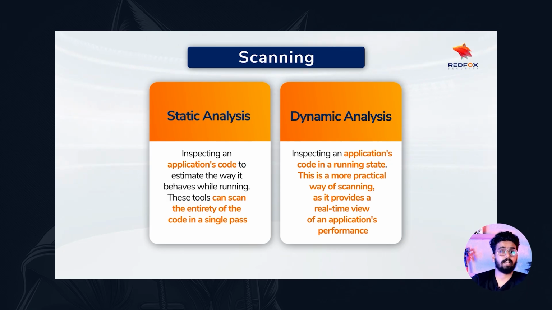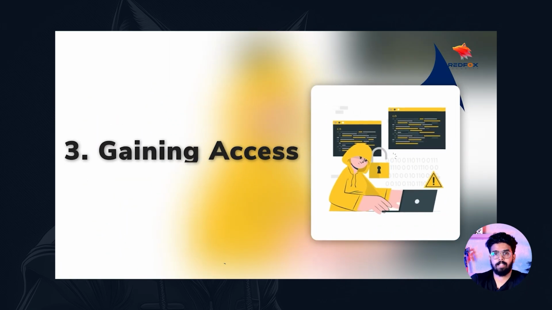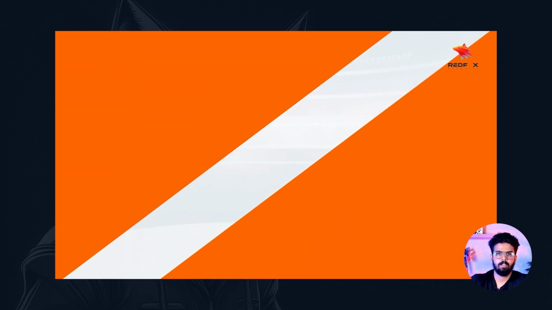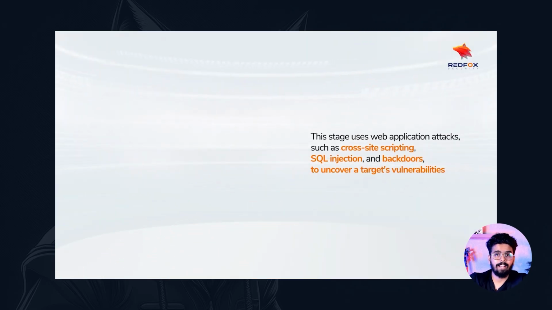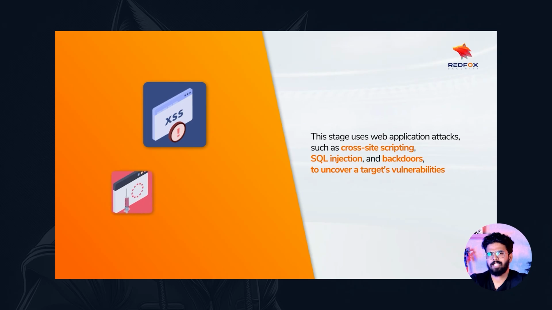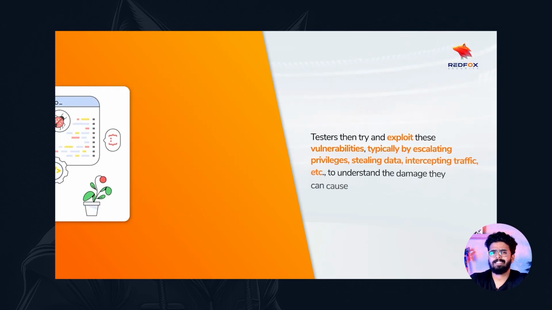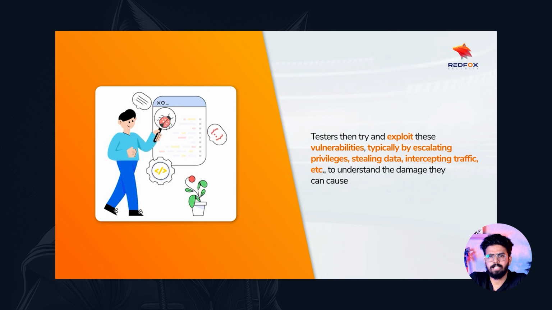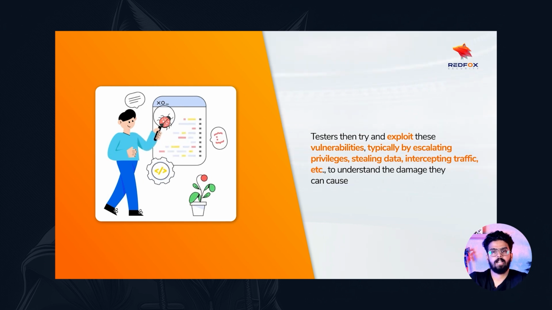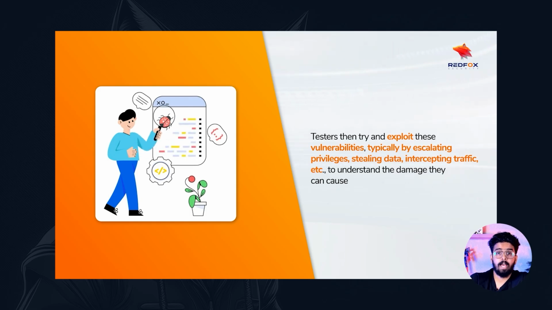Our third stage is gaining access. This stage uses web application attacks such as cross-site scripting, SQL injection, and backdoors to uncover a target's vulnerabilities. Testers then try and exploit these vulnerabilities, typically by escalating privileges, stealing data, intercepting traffic to understand the damage they can cause.